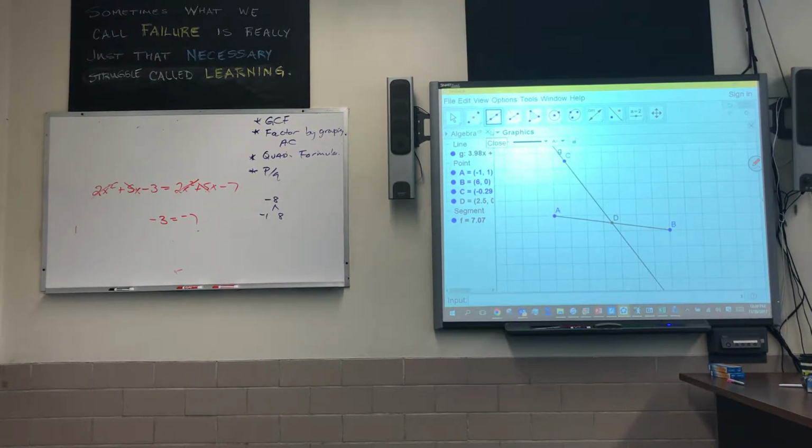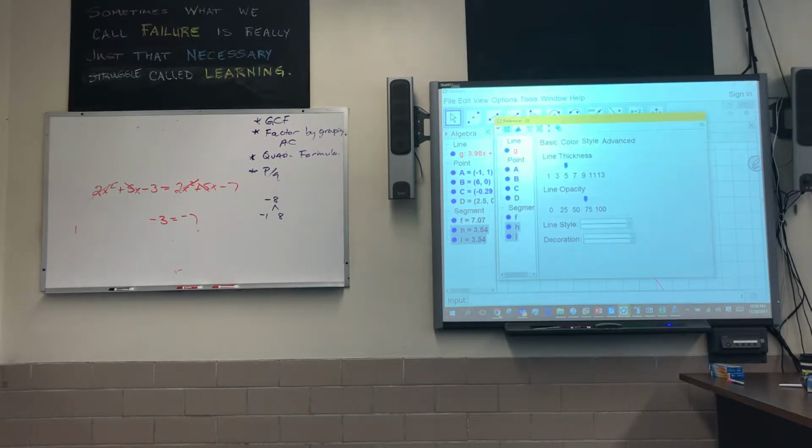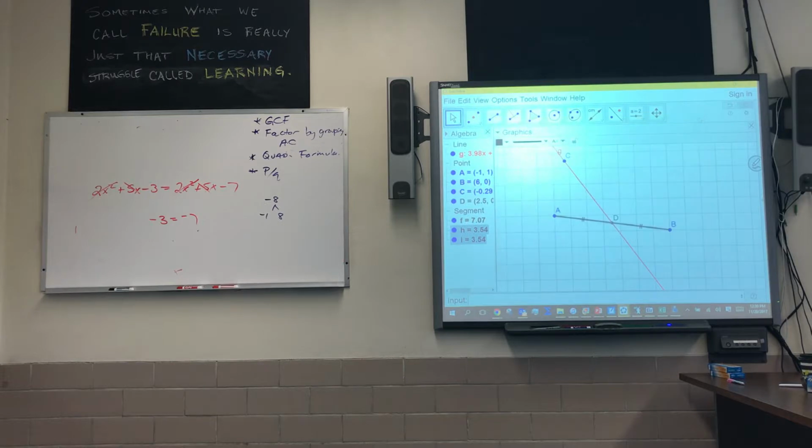Okay, any line like what I just created, this red line, is a bisector of AB because it forces those two segments to always be congruent, right?